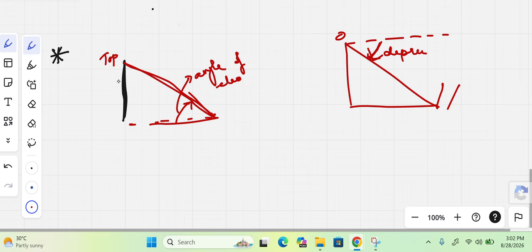Most of the times it will be perpendicular on the ground. So ground becomes the adjacent side and perpendicular becomes the opposite side, because this is your theta, and this becomes your hypotenuse. Using the trigonometric ratio, whichever sides you have to find, you can decide to use sine, cos or tan, and then you will be doing it step by step.